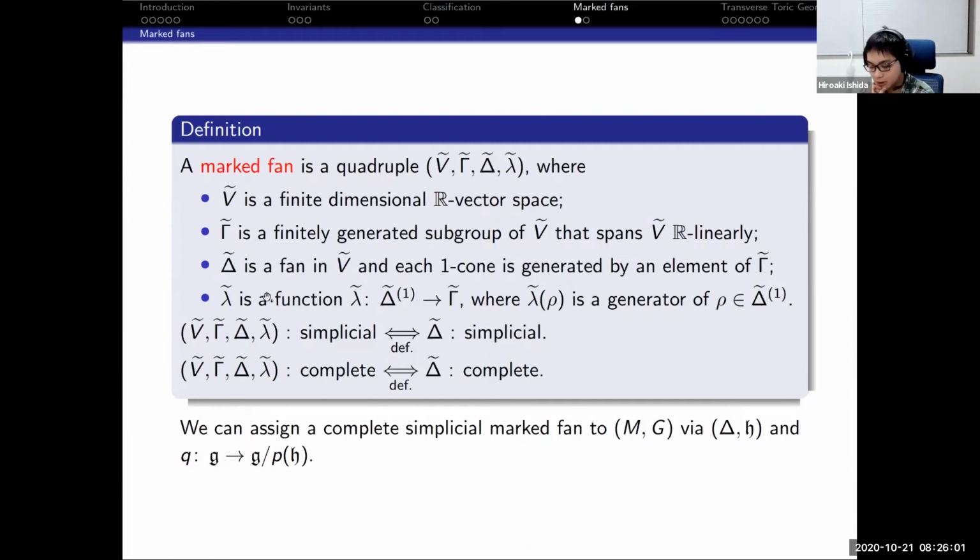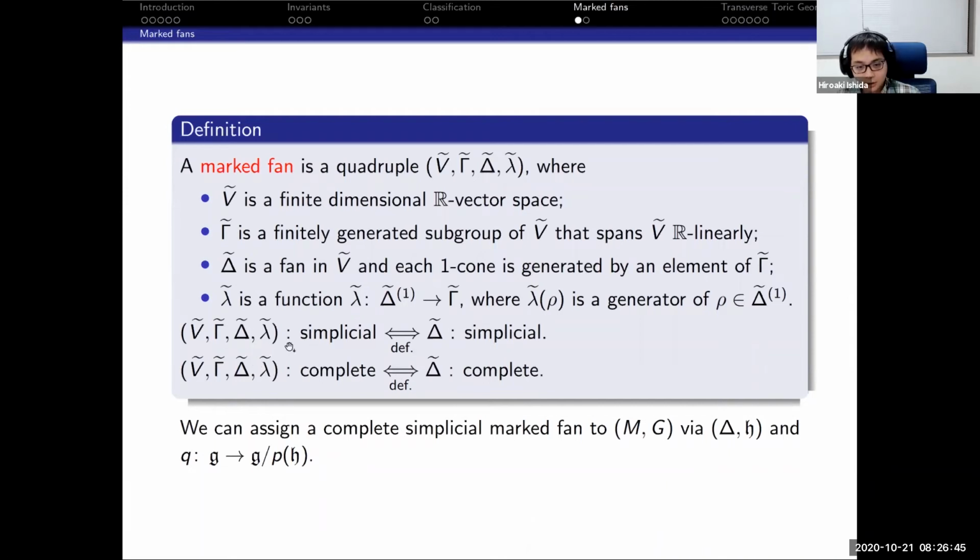And finally, lambda tilde is a function from the set of all one-dimensional cones in the fan to gamma tilde, the quasi-lattice, and this function assigns a generator to each one-dimensional cone.